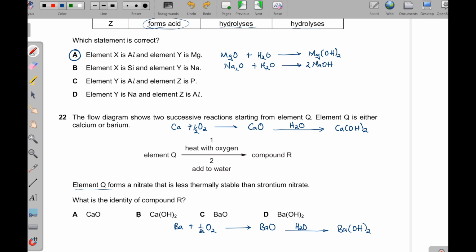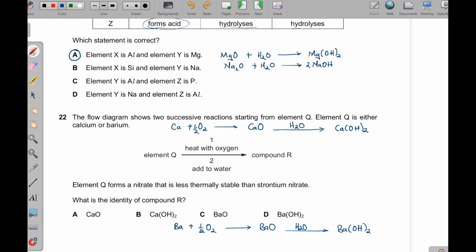Now they are saying element Q forms a nitrate that is less thermally stable than strontium nitrate. Now we know that in group 2, as you go down the group, the nitrates or carbonates of these group 2 elements, their thermostability increases down the group.